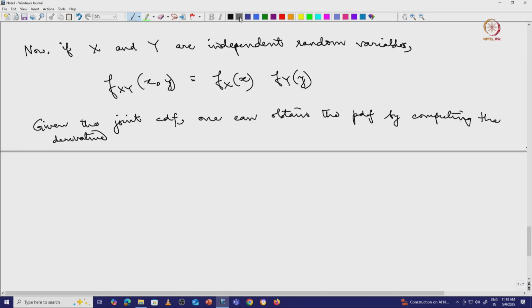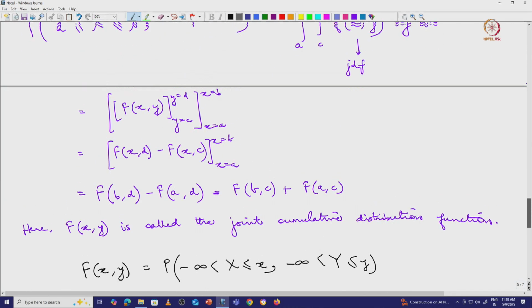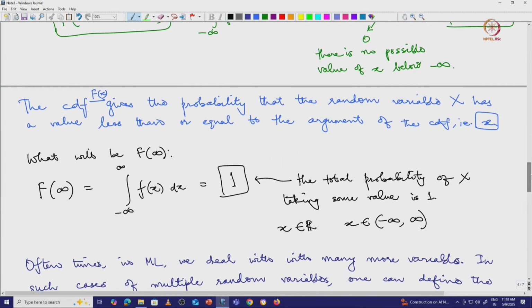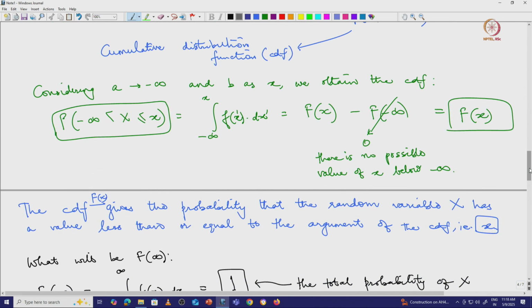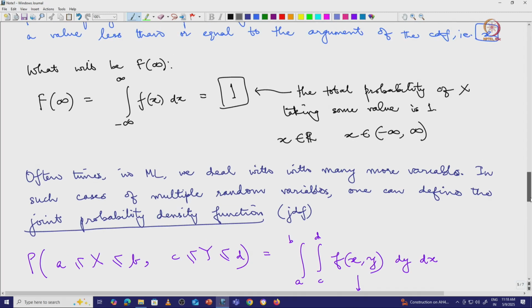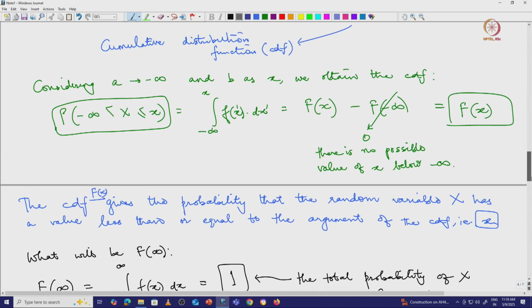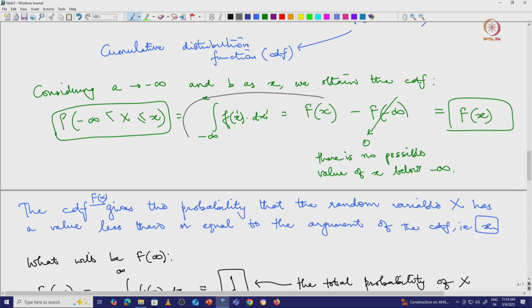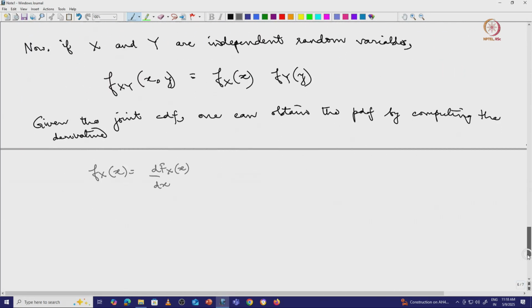For a single variable, f is basically dF_X by dx, and this can be clearly gleaned from the expression we defined for capital F. If you take the derivative, you see that small f is basically d of capital F by d of x.